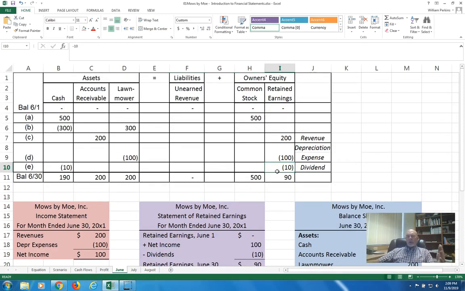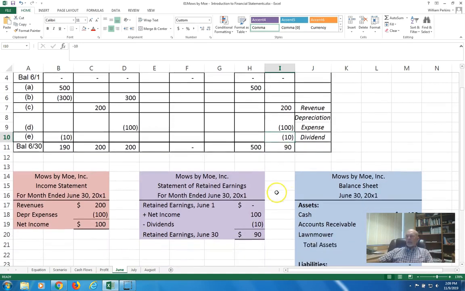Expenses lower our profit. Dividends simply lower how much of the profit we're keeping in the business. So we don't subtract the dividends on the income statement, we subtract it on the statement of retained earnings. So again, it's beginning retained earnings plus the net income minus the dividends during that period, and that gives us our ending retained earnings. In this case, $90.